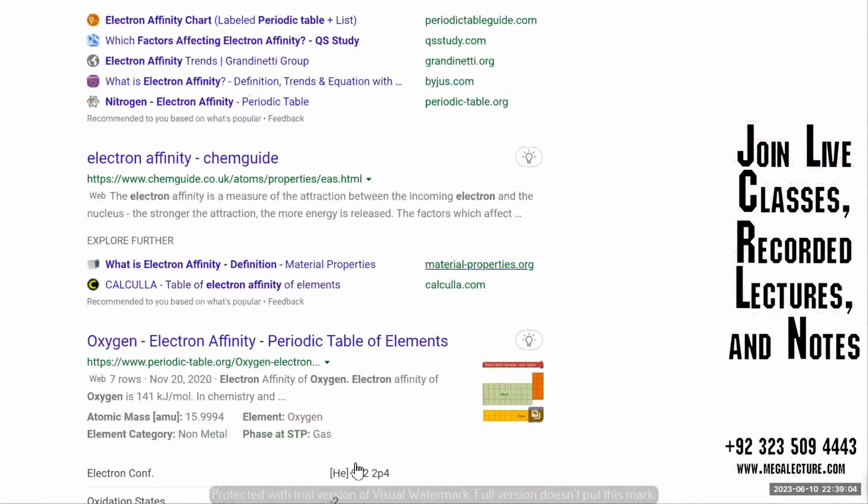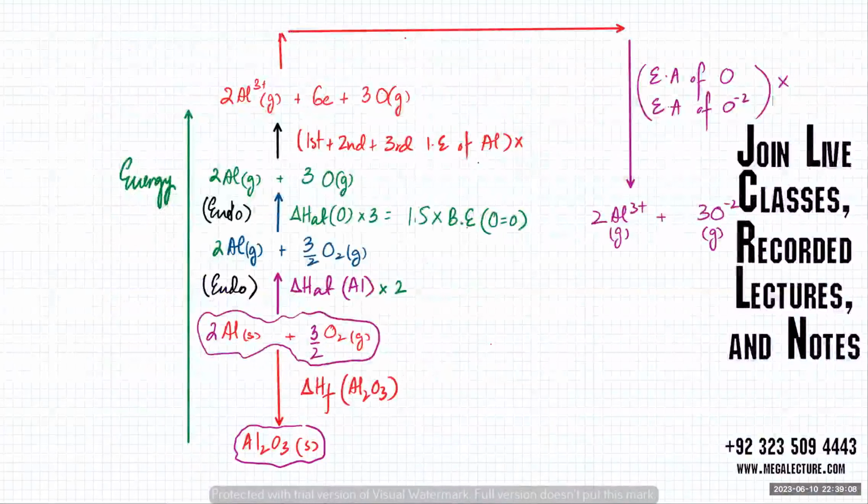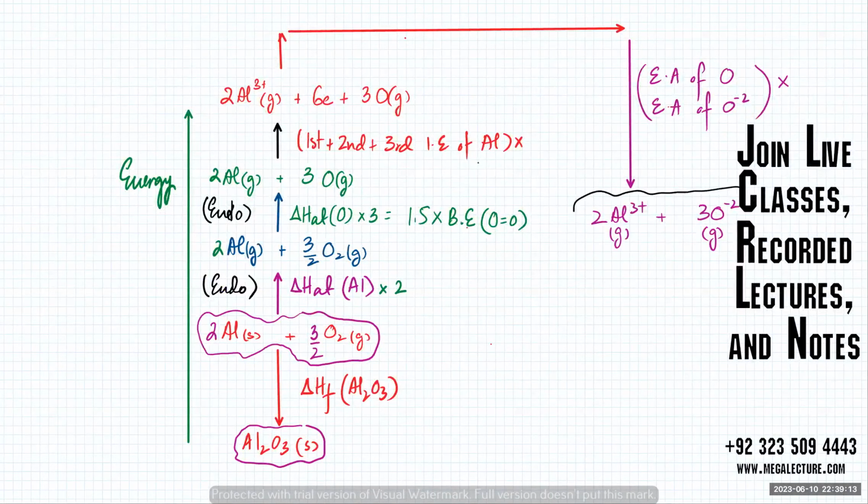So we'll later on do a question where the actual values would be given. So finally, I'm at this point. I'm at the gaseous ion point, right?